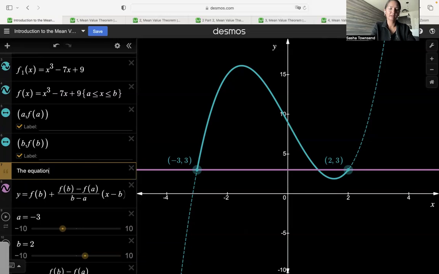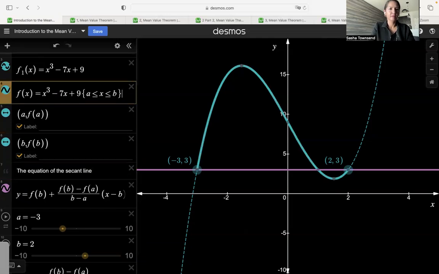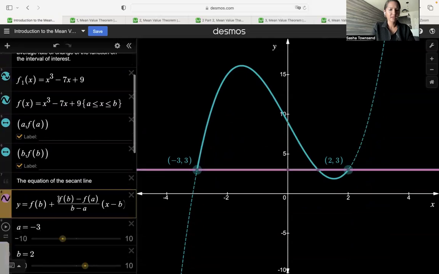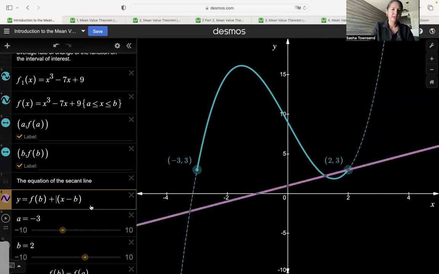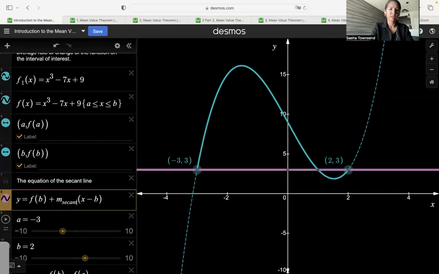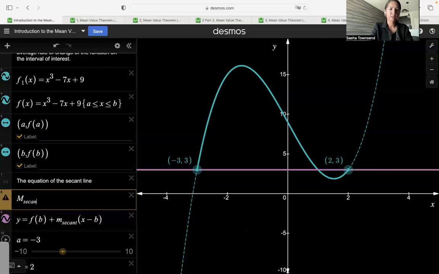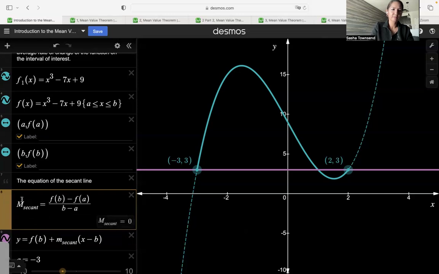And I like to label what I'm doing on Desmos. And I just substituted this right here. I think I'm going to cut and paste that, and call that m secant. And say m subsecant equals that formula.